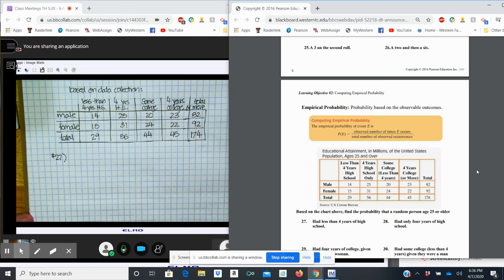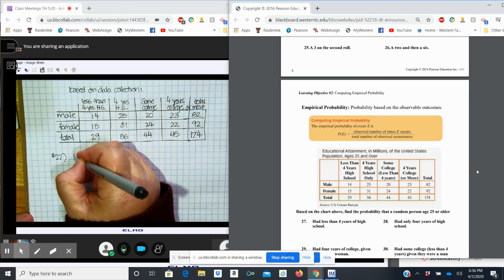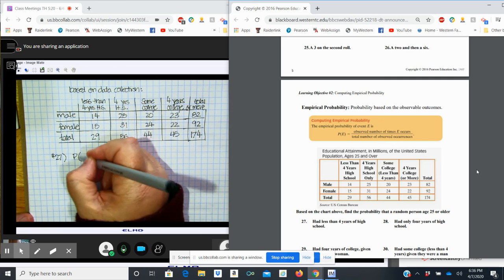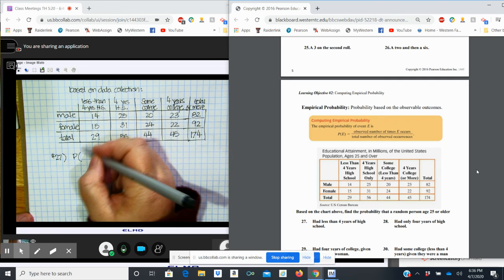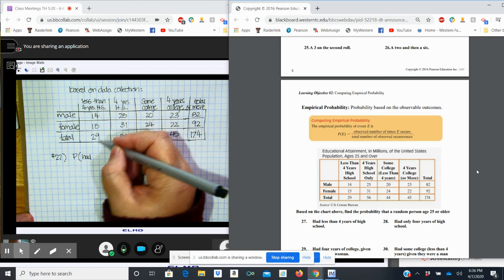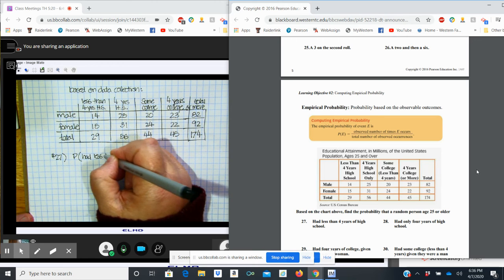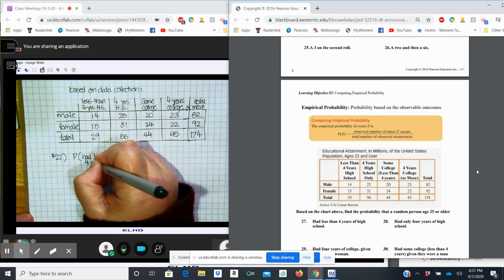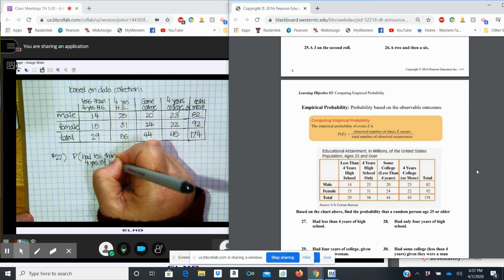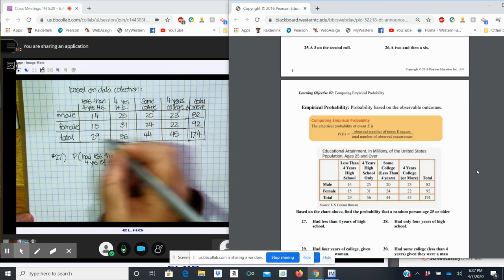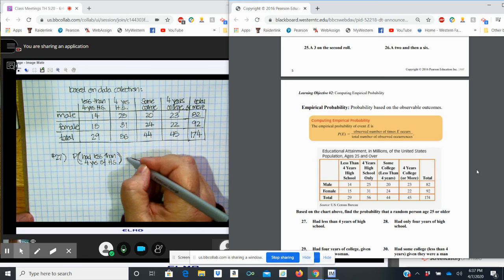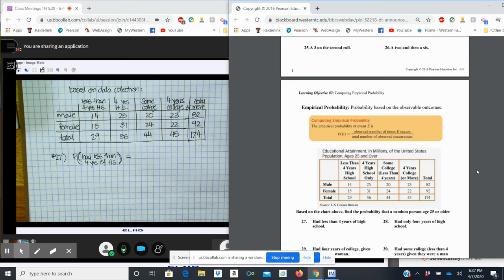Problem number 27 asks, find the probability that a person in this sample had less than 4 years of high school. So we want to look at the observable total for less than 4 years of high school. How many people did we observe that had less than 4 years of high school?